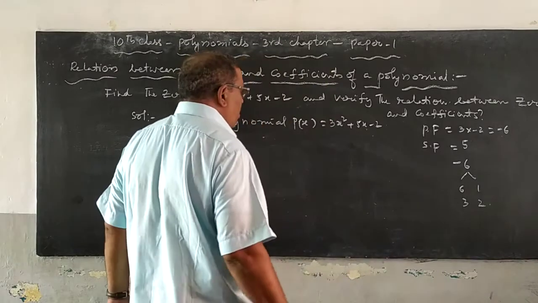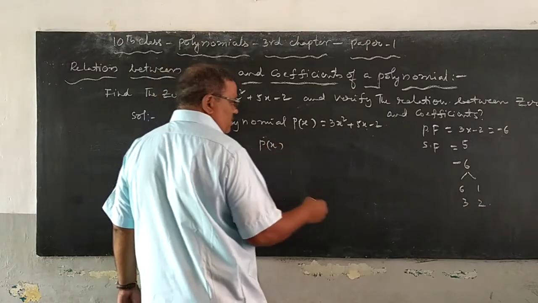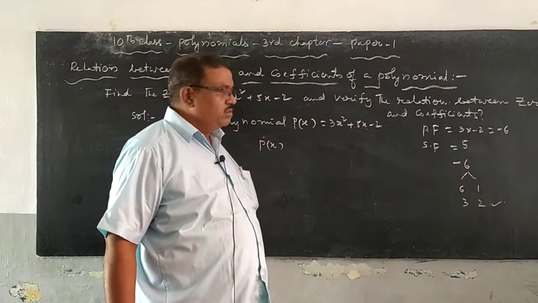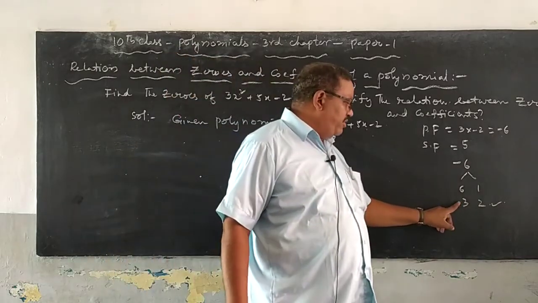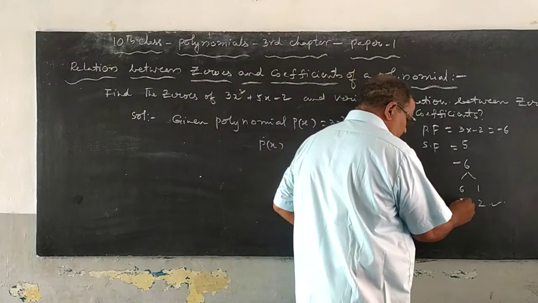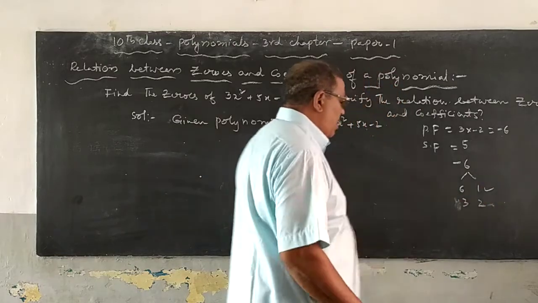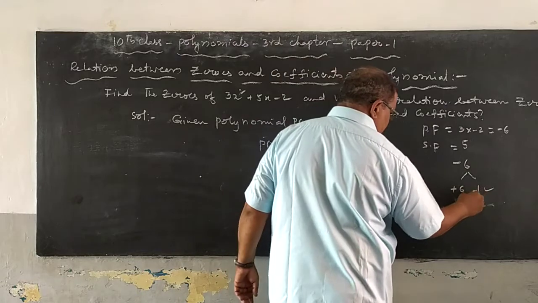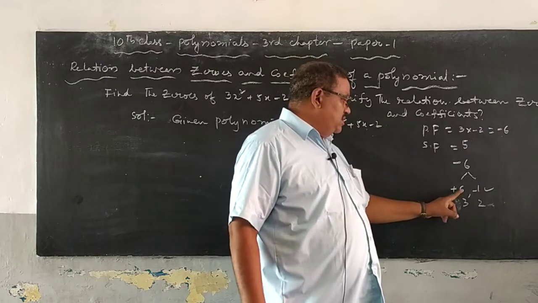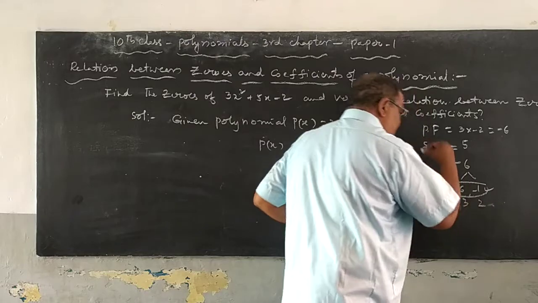So, if we take 3 and 2, plus 3 plus 2, the sum of factors is minus 3 minus 2, it is not correct. This is correct: we take plus 6 and minus 1. Multiply 6 into minus 1, minus 6, and 6 minus 1 is plus 5. So, this pair of factors is the only correct one.